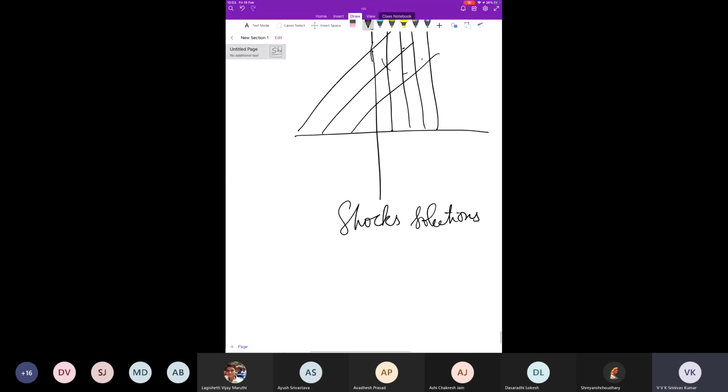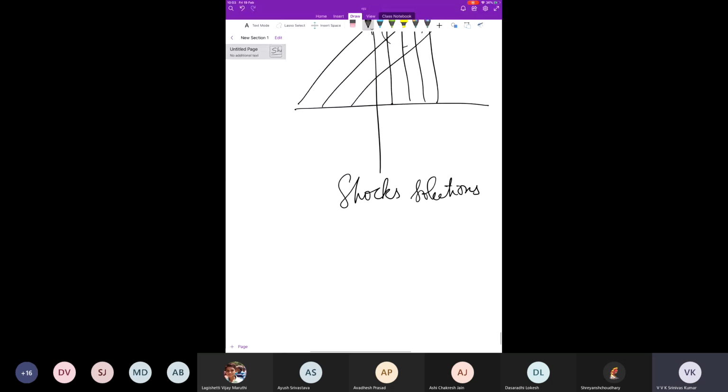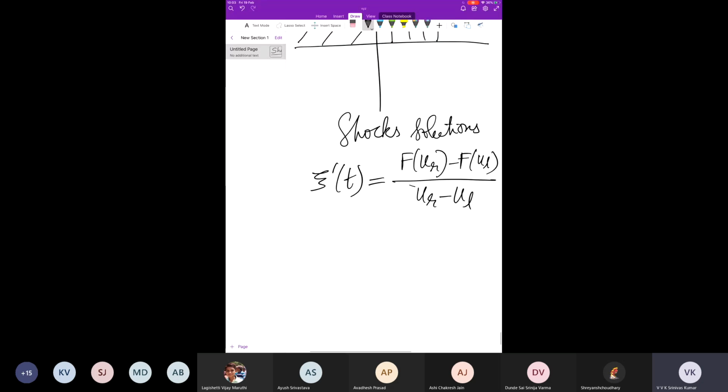We have found the shock speed: f of u_r minus f of u_l upon u_r minus u_l. We want to know with what speed the shock propagates.